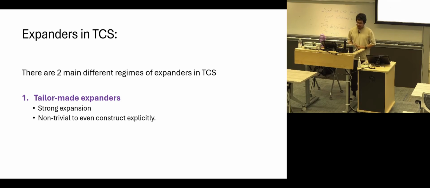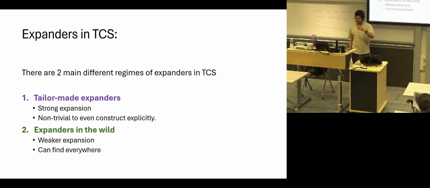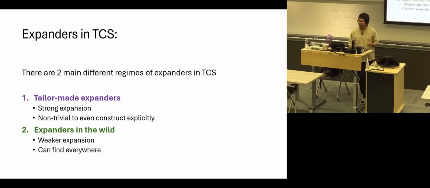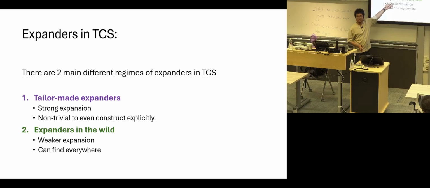And it's kind of hard to even construct it. There is another kind of expander that I call expanders in the wild. It has weaker expansion guarantee, but you can find it everywhere. And this course is going to be about the second one.